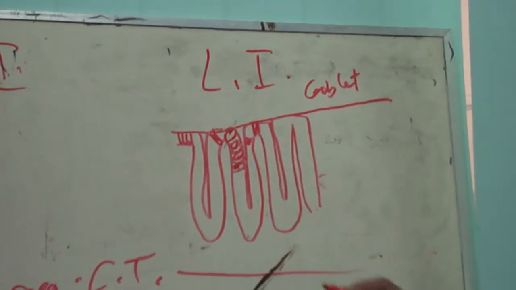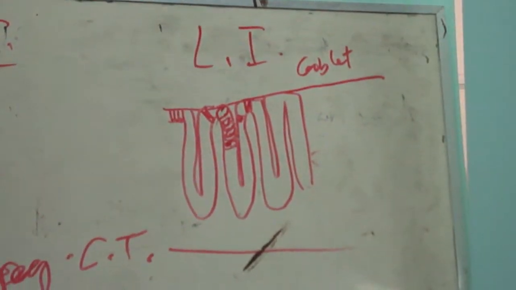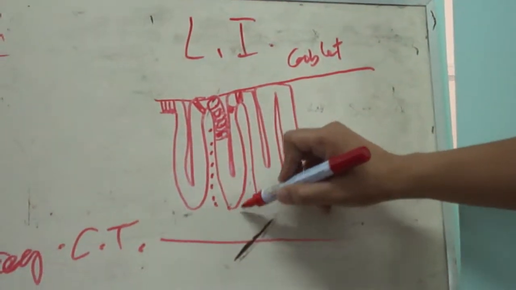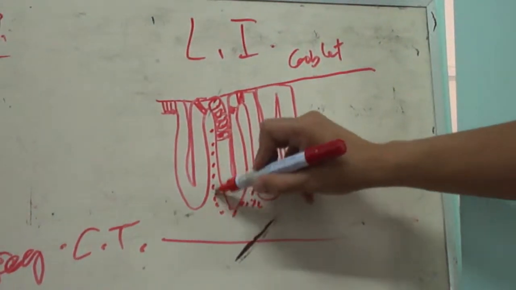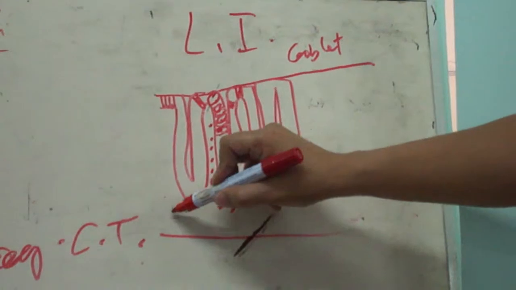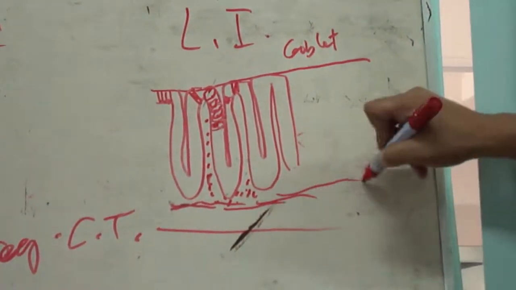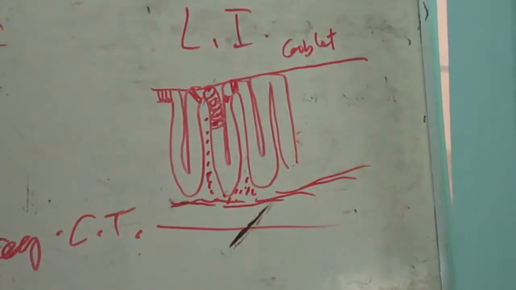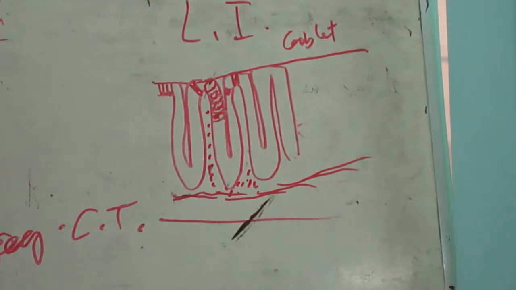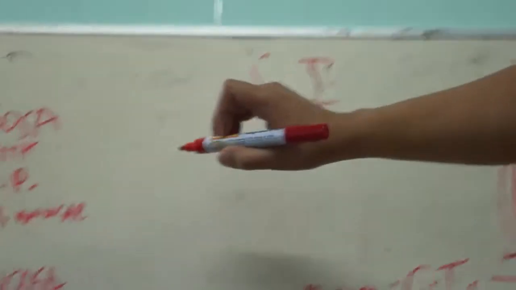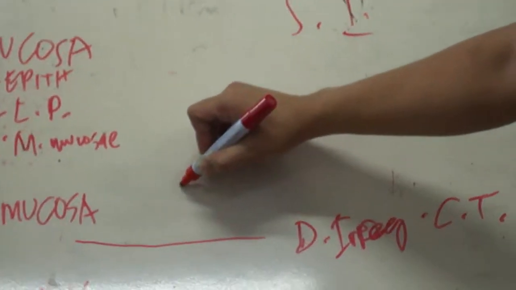Okay? And so the surface is flat. And then, how do you call the connective tissue immediately surrounding the glands? The lamina propria, and then there will be a thin band of smooth muscle fibers, which is called the muscularis mucosae.